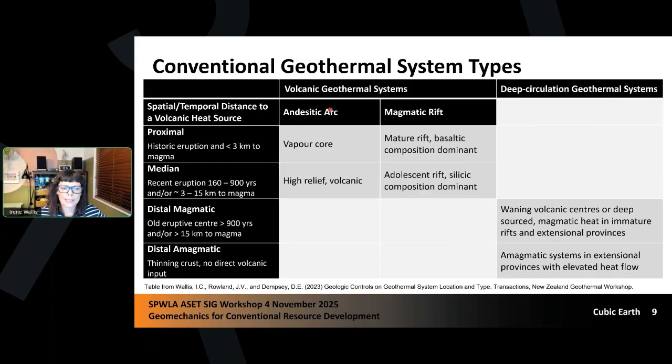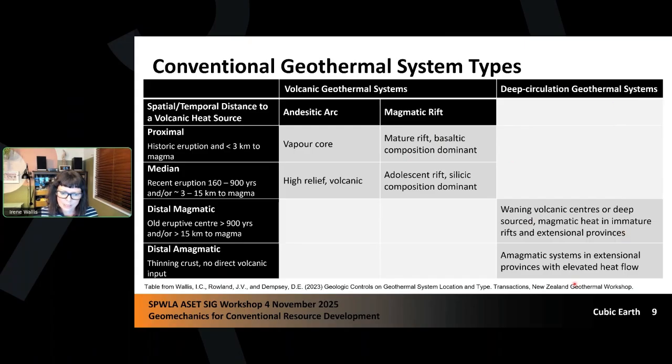So volcanic, we tend to classify based generally on settings. So we've got these higher elevation andesitic arcs, or we have magmatic rifts that are either mature basaltic dominant, somewhere like Iceland, or the adolescent rifts like New Zealand's Taupo volcanic zone, where we have like this thicker silicic pile, a thicker crust situation.